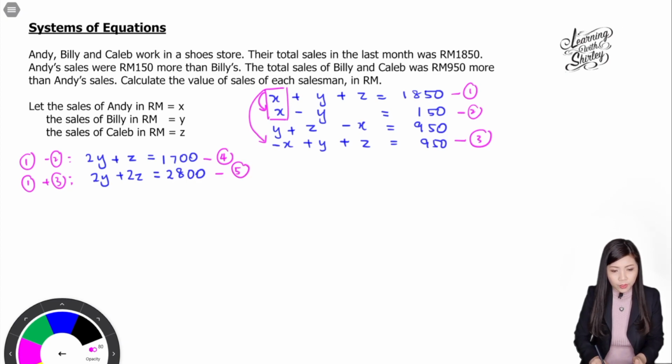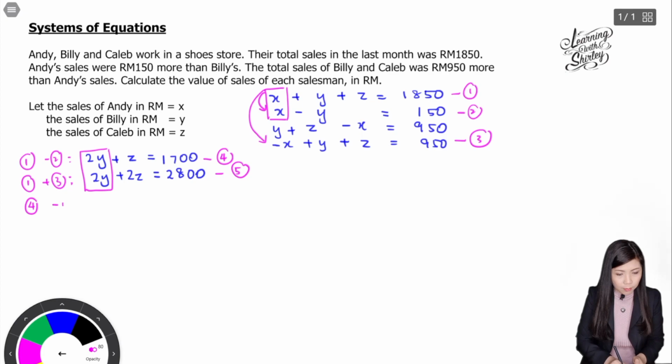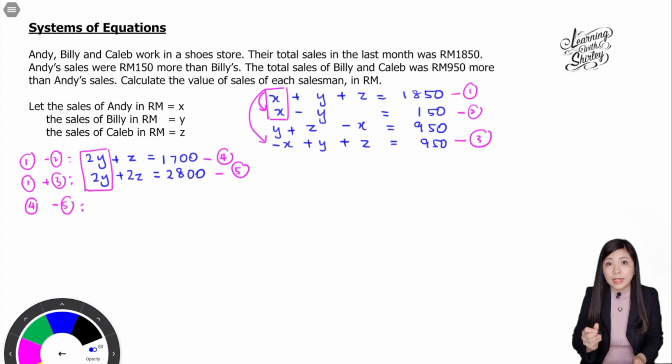So now we're going to solve equation 4 and 5. I'm going to eliminate the 2y, so I'm going to use equation 4 minus 5. 2y minus 2y is 0, so y is eliminated.